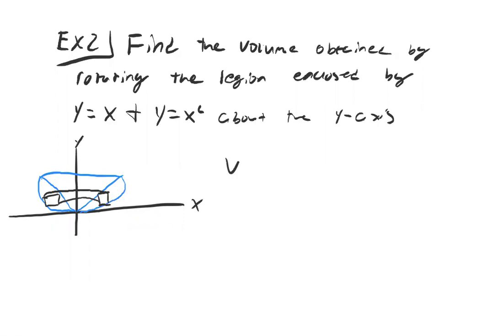So now we're going to set up my volume. It's the integral of the circumference of the shell times the height. And in order to figure out if it's dx or dy, you have to look at the length that you're multiplying through. Because I'm extending the cylindrical shell in the x direction, so it's a circle that's been extended along the x-axis, this is going to be dx.